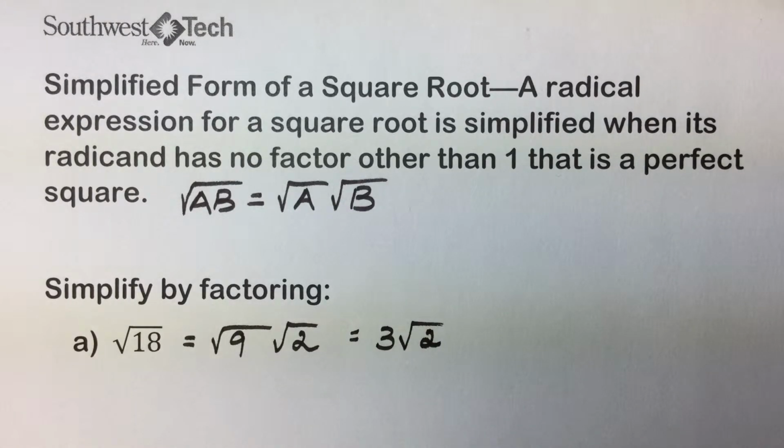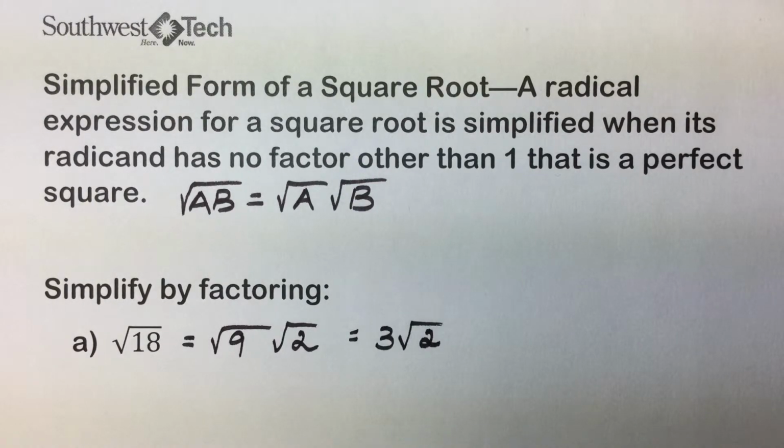It is in its simplest form. It is customary to place the radical sign as the last factor to avoid any uncertainty as to what is under the radical sign. And here we've simplified this radical.